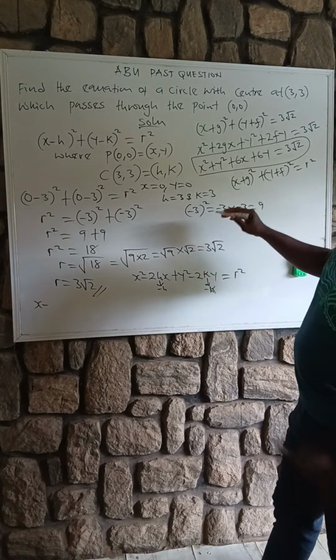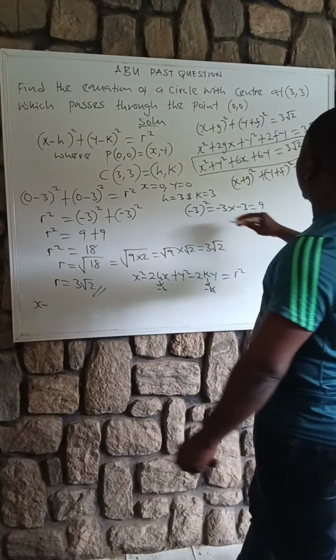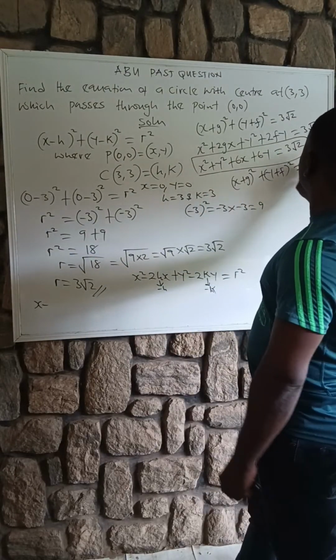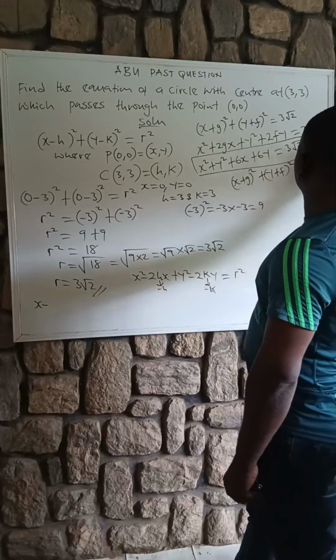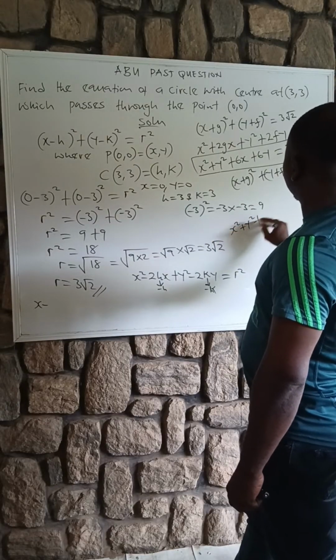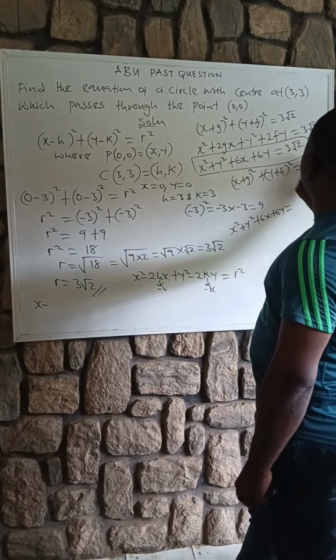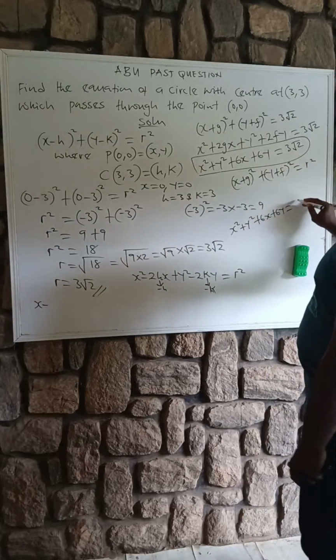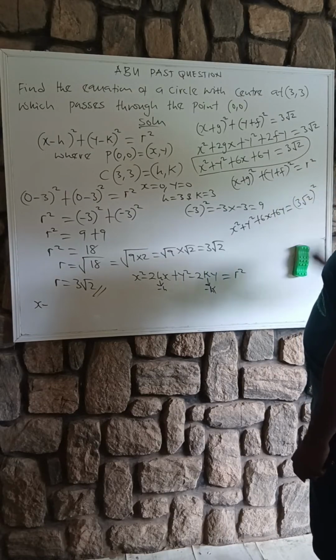Okay, yeah. I just discovered something. That's mathematics for you. So here these are supposed to be y squared, 6x plus 6y equals our r, which is (3 root 2) all in square.